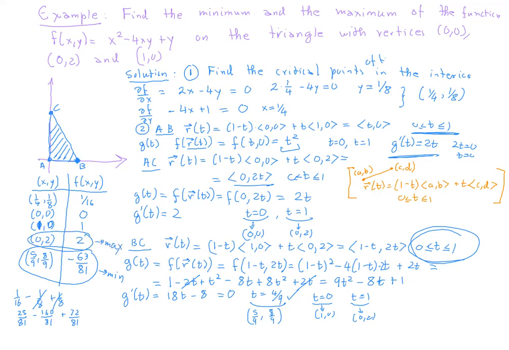And that's it. So let's recap. What did we do here? We started with our function of two variables, and we said that the minimum and the maximum can occur either at a critical point in the interior or at some point on the boundary. And as far as the boundary is concerned, we can be a little more precise.